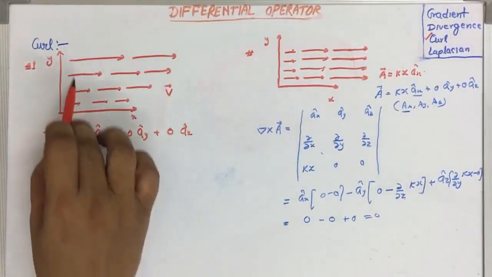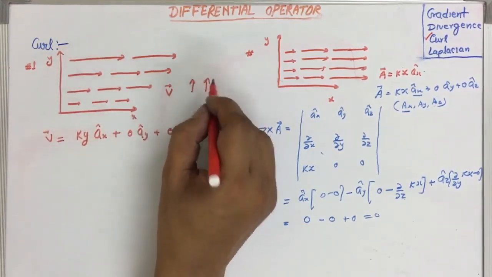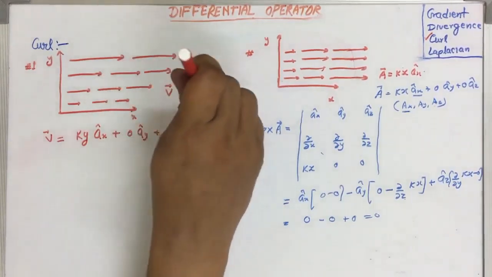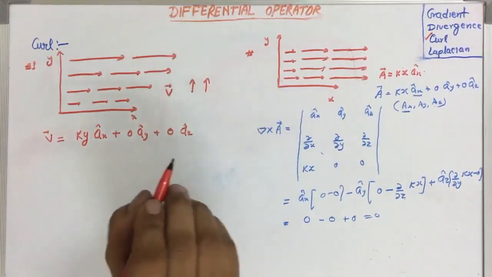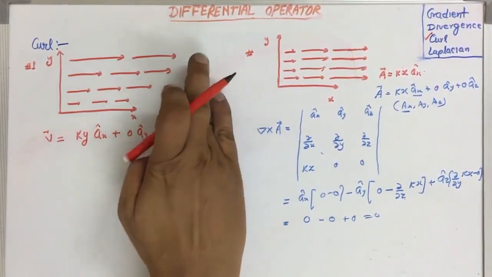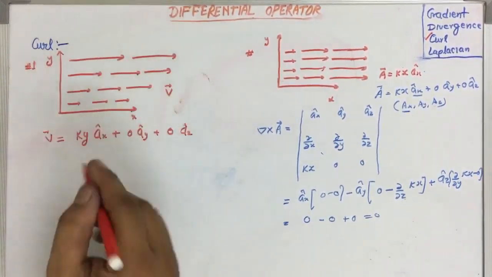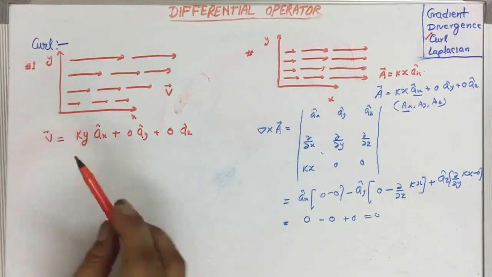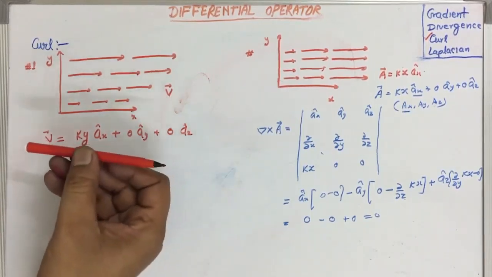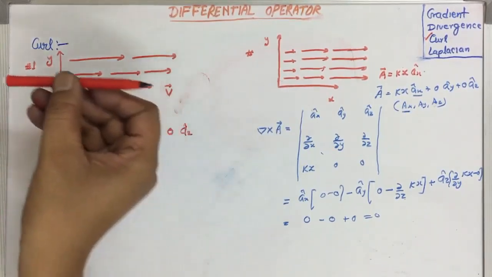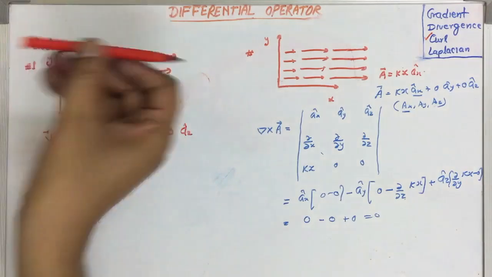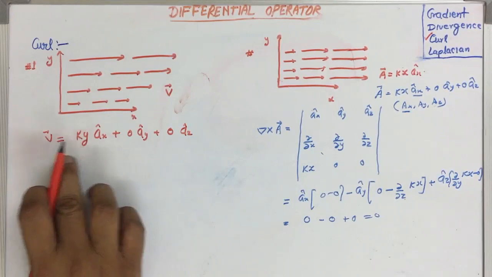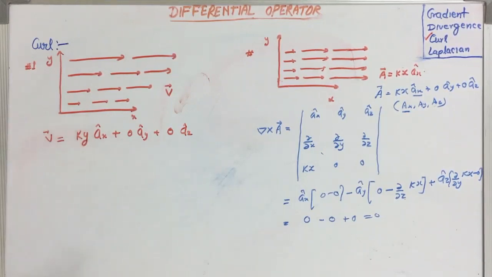The field is not moving in the direction of y, so 0 ay. The field is not moving in the direction of z, so 0 az. It is just moving in the direction of ax, but it is changing in the direction of y. As we move in the direction of y, the strength of the field is changing. Anyway, this is the statement for field V.